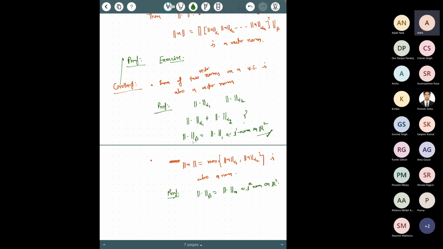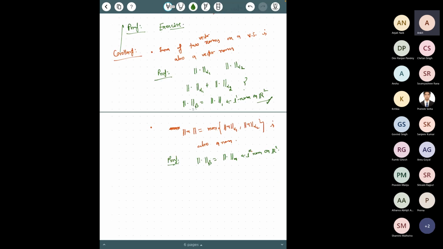Now instead of 2, there can be k or any finite number of norms you can take, and still you can talk about their max. Similarly, you can define the sum of any m norms also. But then the question is, what about the difference? We have already checked addition. We have also checked the maximum of two norms.